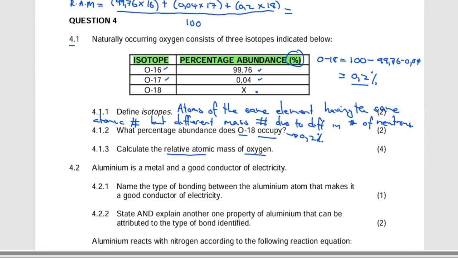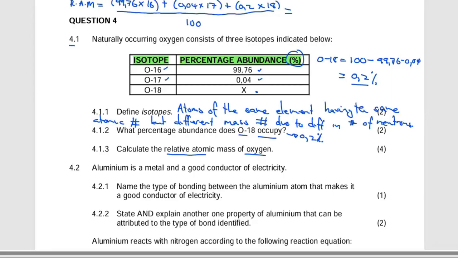Then if we employ our calculators, we should get a value of: 99.76 times 16, plus 0.04 times 17, plus 0.2 times 18, all over 100.